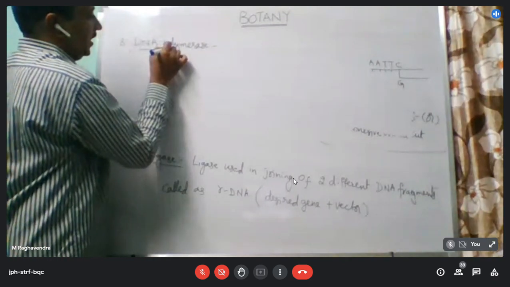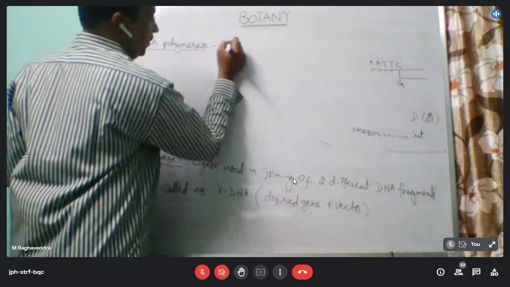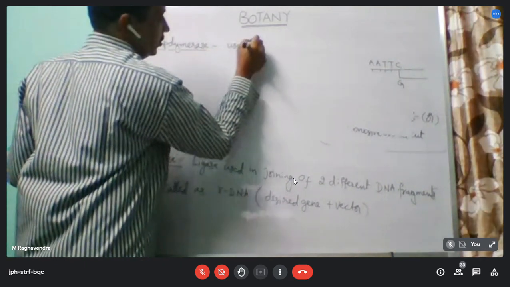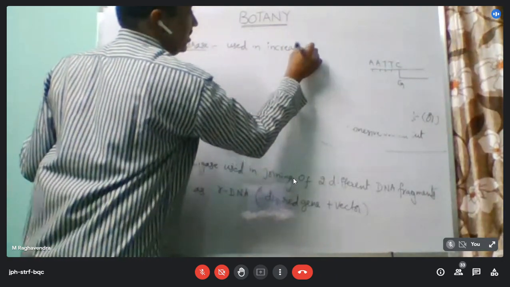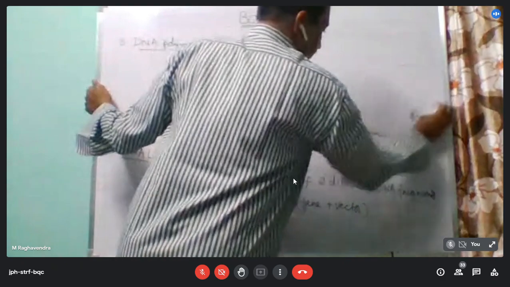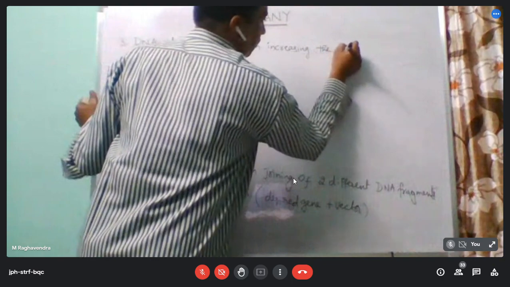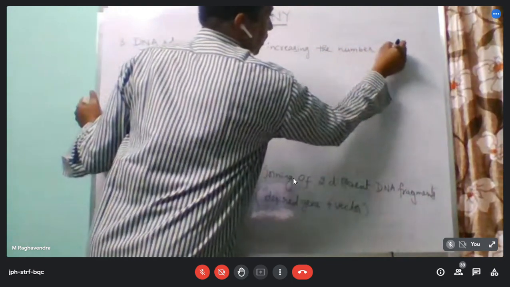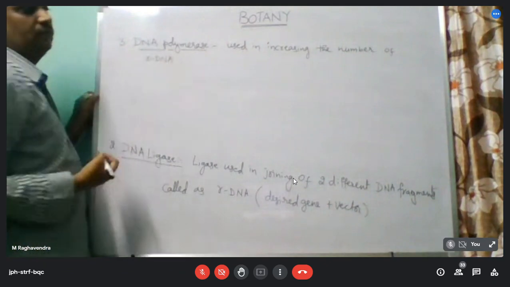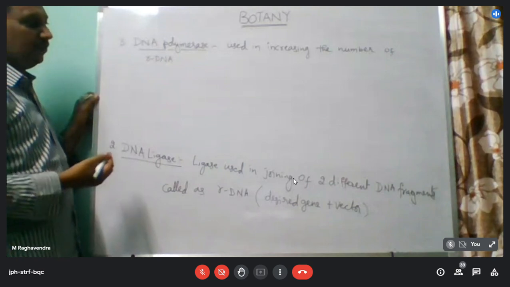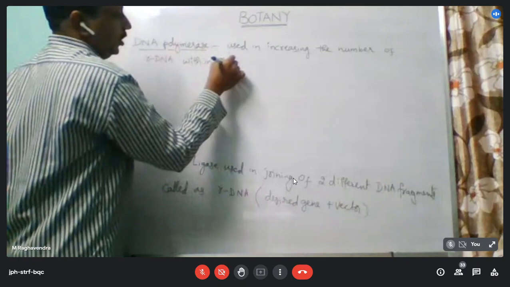DNA polymerase is used in recombinant DNA technology for increasing the number of recombinant DNA within the host cell.